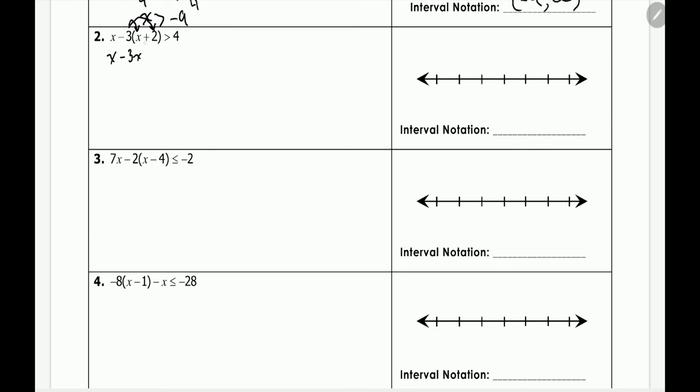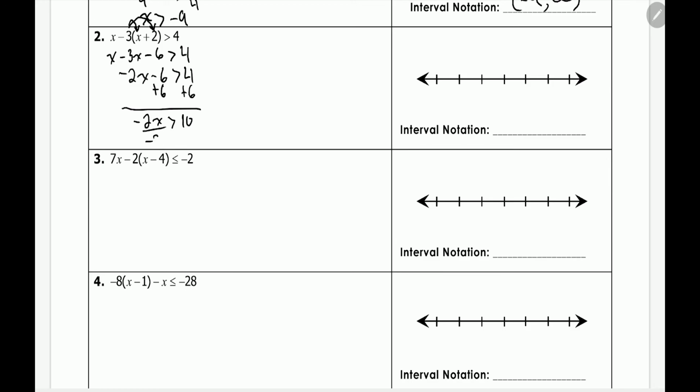Negative 3 times positive 2 is going to be negative 6. It's greater than 4. We have to combine like terms on the left side. So we have x minus 3x, that's negative 2x, minus 6. It's greater than 4. We're going to add 6 to both sides. That gives me negative 2x is greater than 10.